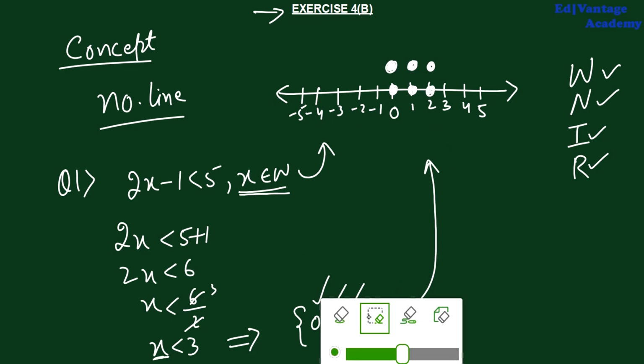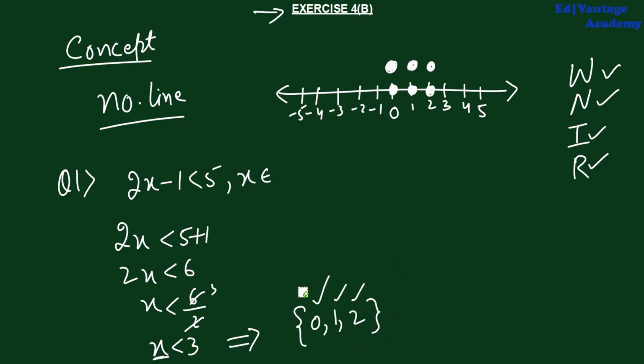But what if they say x is a natural number? Is this the answer? Let us check again. We got x is less than 3, so we need natural numbers less than 3. 0 is not included, so the natural numbers are 1 and 2. We need to remove 0.